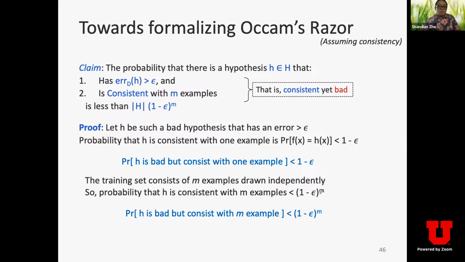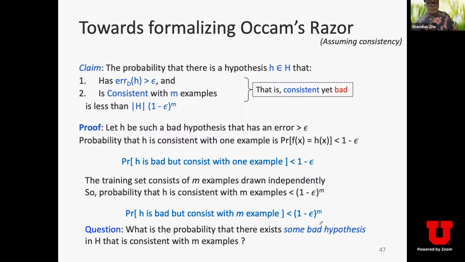So the very first conclusion we can get is that the probability that H is bad, yet consistent with all M training examples, is less than (1 minus epsilon) to the power of M, right? But this is not enough, because right now we just characterize the probability for a given particular hypothesis we know is bad, that it still correctly predicts M training examples. This probability is upper bounded by (1 minus epsilon) to the power of M.